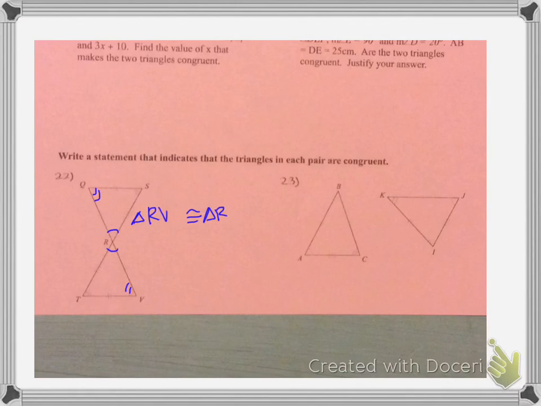Angle V would go with angle Q. Last but not least, S has three markings and so does T. So those are congruent. So I would say triangle RVT is congruent to triangle RQS, making sure everything pairs up accordingly.